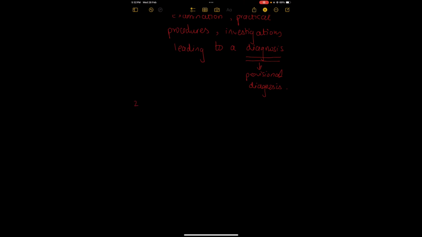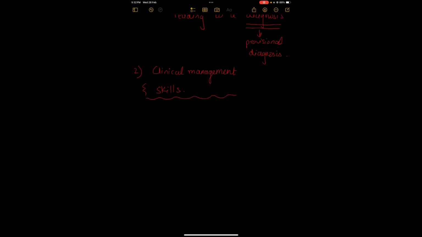So the second domain is the clinical management and skills. So the clinical management and skills includes formulating a diagnosis and a management plan.